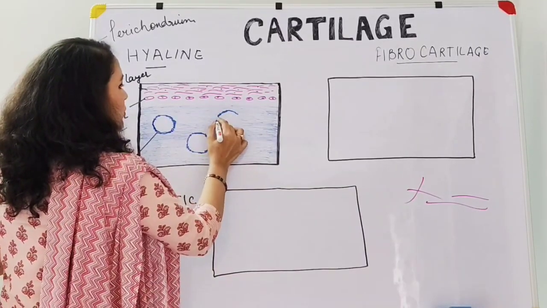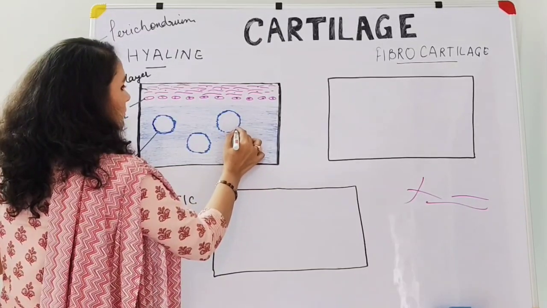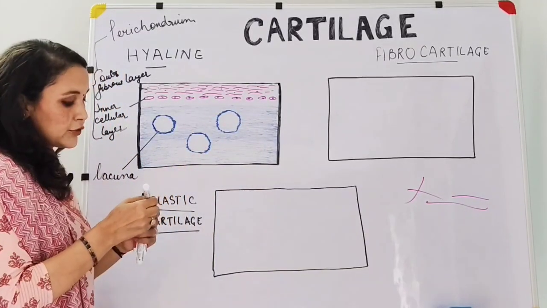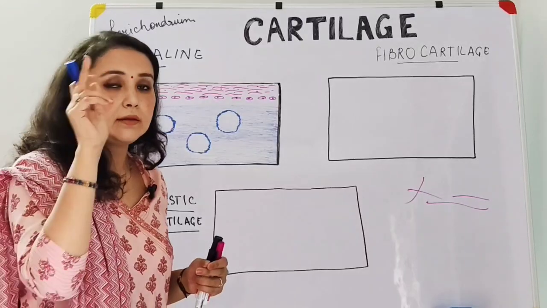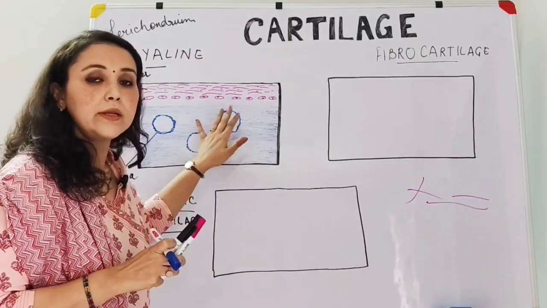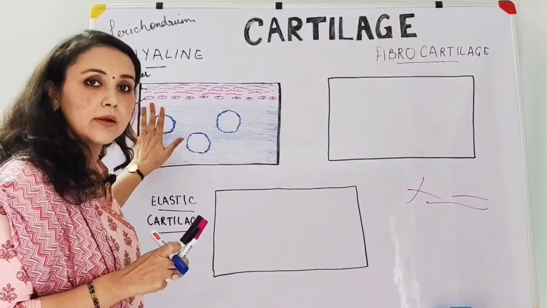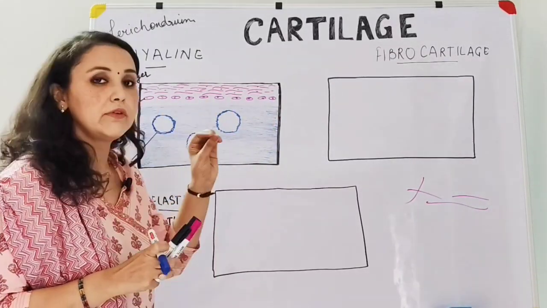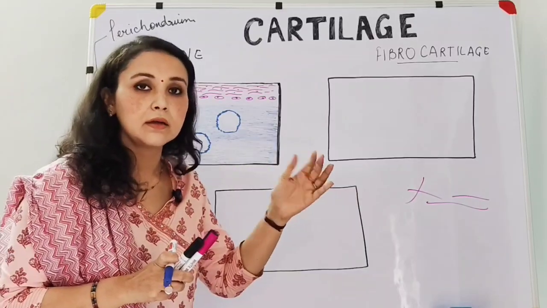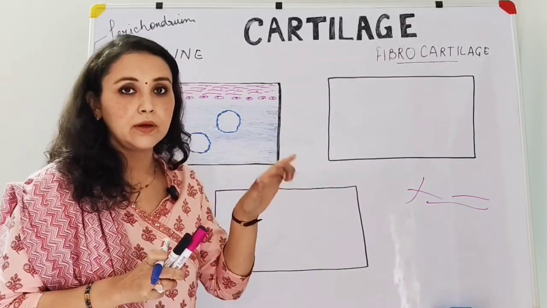Most students just draw a line. You don't have to draw a line. How will you appreciate that this is a lacuna? The matrix will be lighter all around, and around the lacuna it will be shaded slightly darker. So by this you can appreciate that this is a lacuna, right?